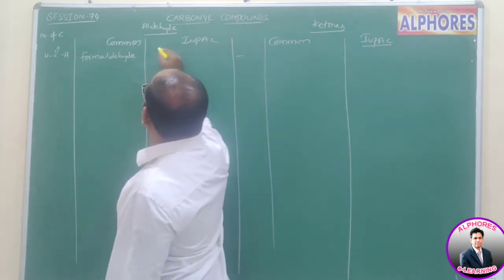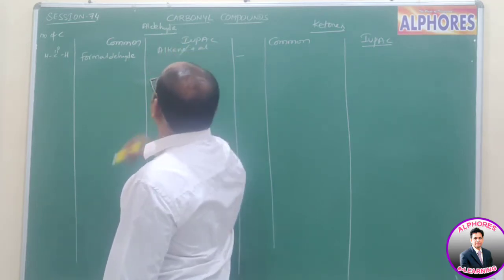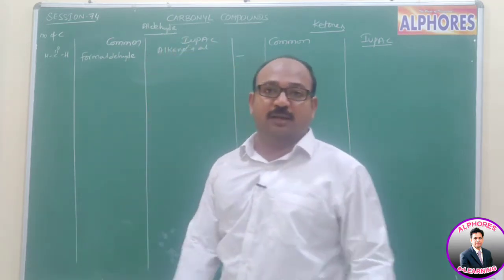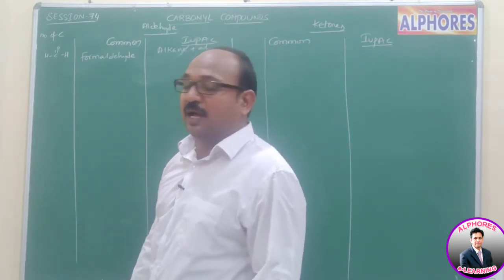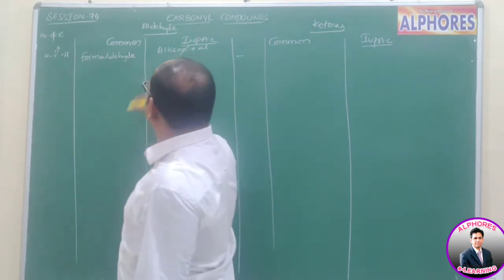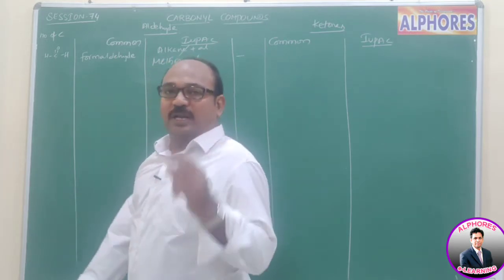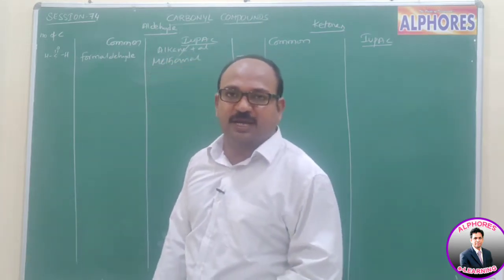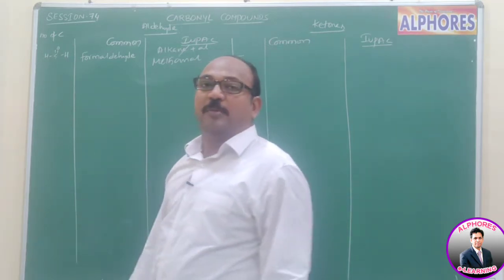The IUPAC name is alkane plus al, dropping the e, alkanal. So here alk means how many carbon atoms are there? Only one carbon. That's why its name is methanal. So the one carbon containing aldehyde has the common name formaldehyde and IUPAC name methanal.